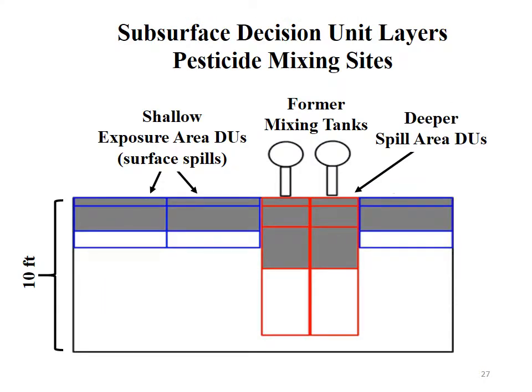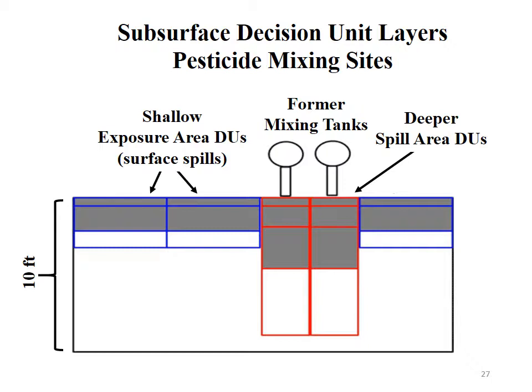Here's another example where we typically have subsurface DUs as well as surrounding surface DUs, former pesticide mixing. In these areas, gross contamination, spills on the ground all the time, typically result in deeper contamination, and so more vertical delineation near the tanks. Oftentimes we've found significant contamination, arsenic and dioxin down 10 feet depth in some of these former pesticide mixing areas.